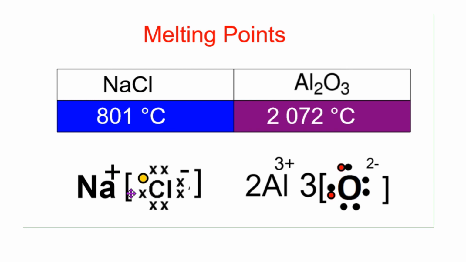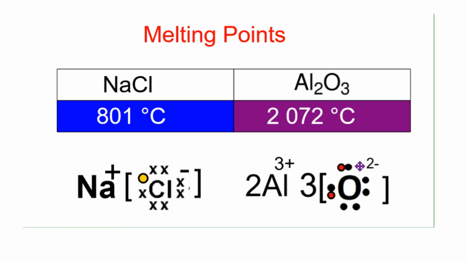So the charges are much weaker than in aluminium oxide. So the aluminium, because of the transfer of more electrons than the 1 electron, each aluminium transferred 3 electrons. So the cation here has a 3+ charge, and each of the oxygens has a 2- charge.